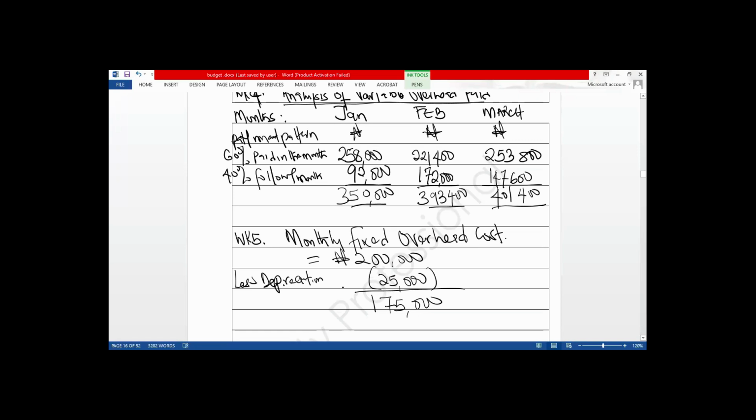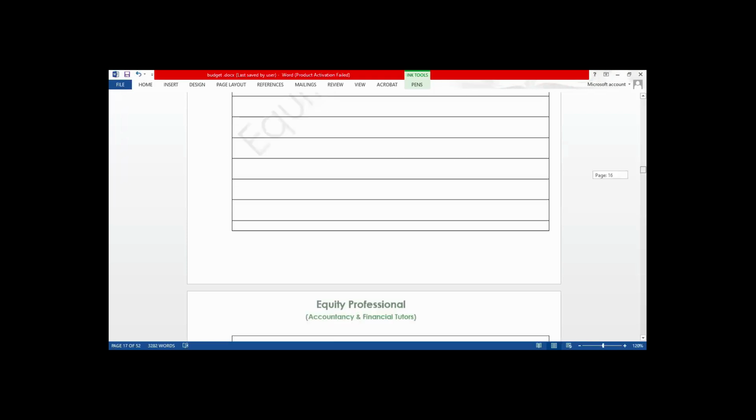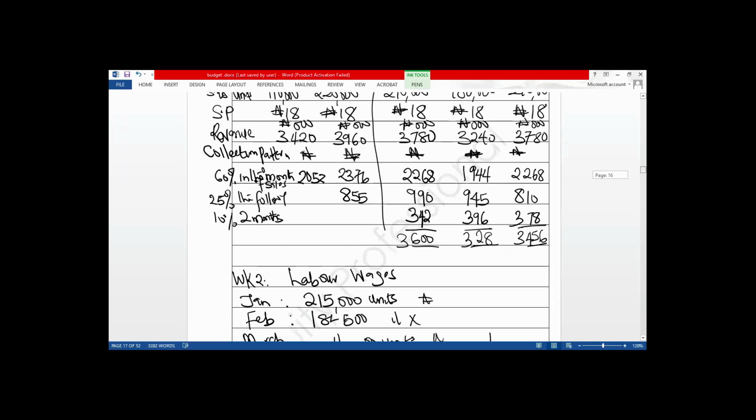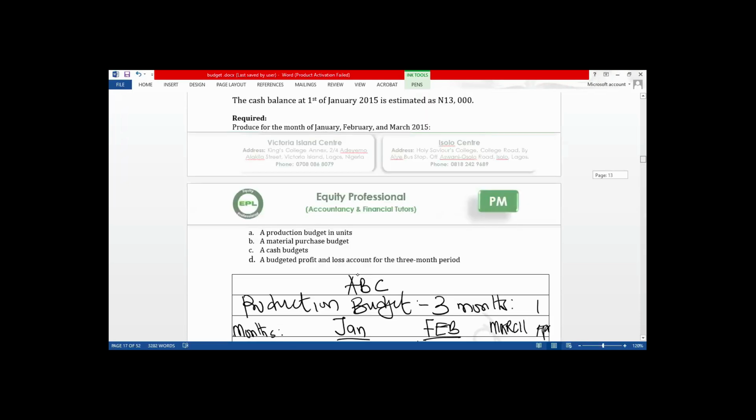Now the question says overhead cost for January is to be paid 1 month after. That will go to February. Overhead for January, 175,000, only in February, 1 month after.